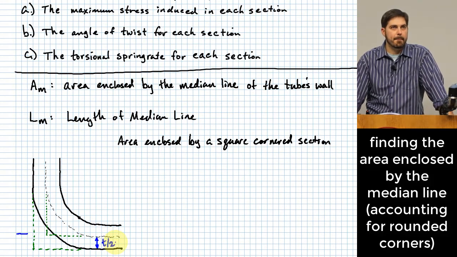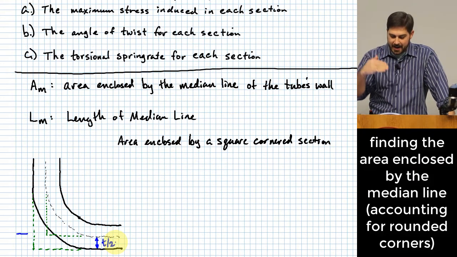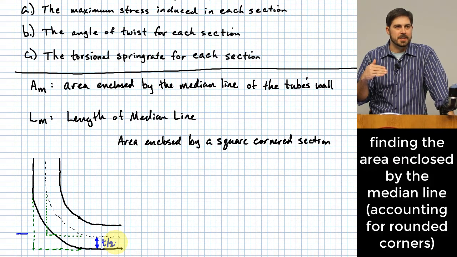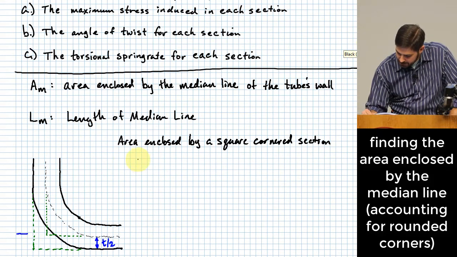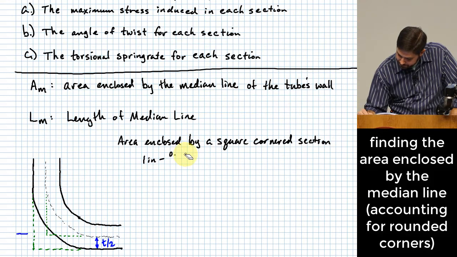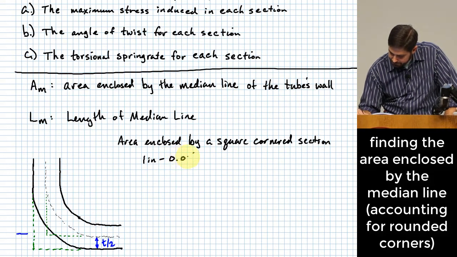Do you agree with that? Okay. So if you subtract 1 full thickness, that would give you a side of this square that's bounded by the median line. And so I would submit here that the area enclosed by a square-cornered cross-section would be 1 inch minus this 35 thousandths of an inch. Over 2, you wouldn't divide by 2, right? Because there's actually 2 of them. And that would be squared.